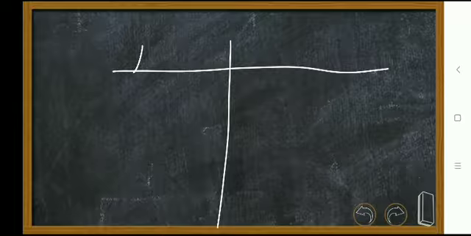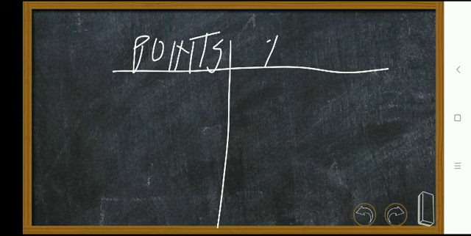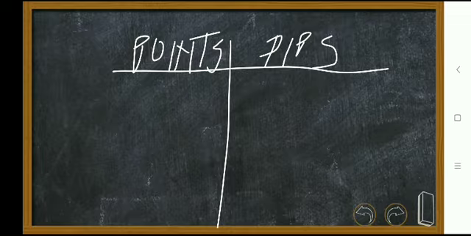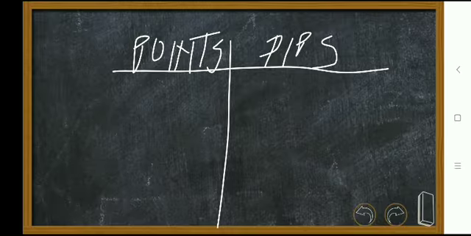So let's go from points to pips. Let's do this. I want you to know both of these things, because you find that there's someone who only knows points but can't figure out pips, or there's someone who only knows pips but can't figure out points.